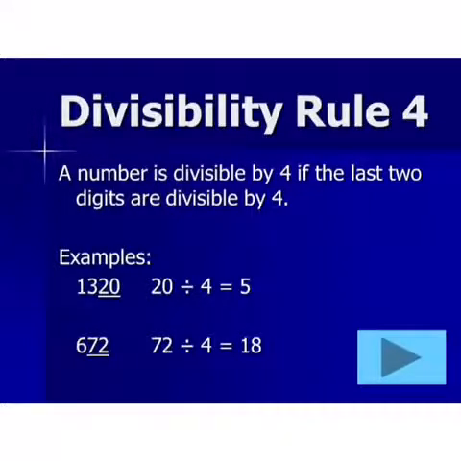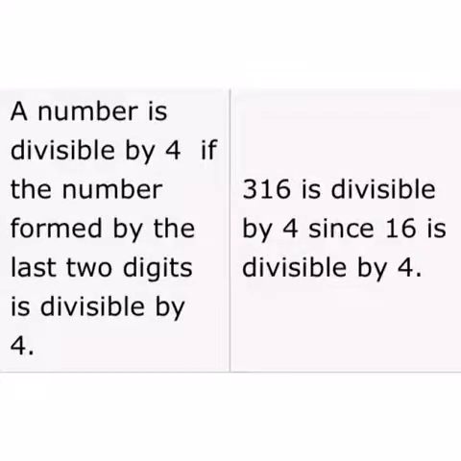So 72 when divided by 4 gives 18 and no remainder. That means again 672 is also divisible by 4. So finally we can say that a number is divisible by 4 if the number formed by the last 2 digits is divisible by 4.